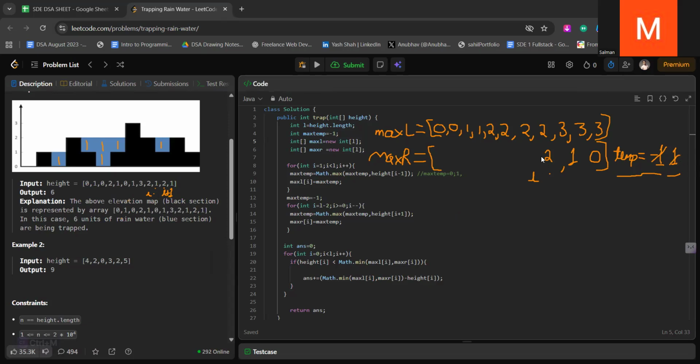Then I updated the ith element of this max R with temp, right? Temp had this 2 after the I minus. Now since the temp has this value and I+1 has 1, what is the maximum here? The maximum is 2, right? So this will also have 2.